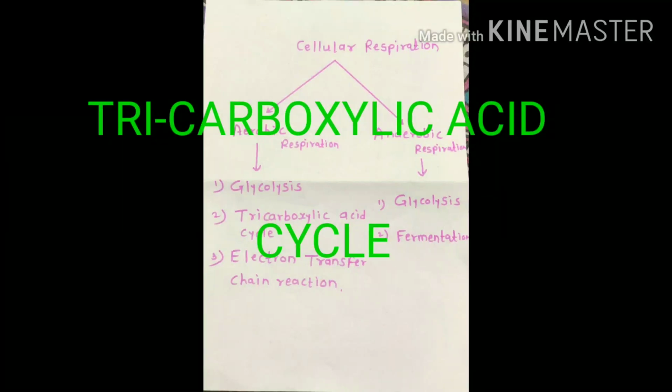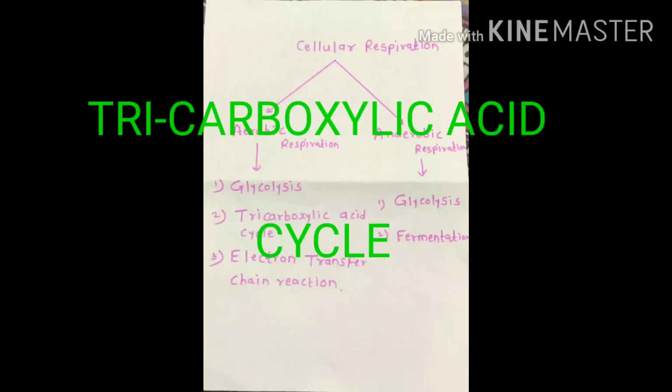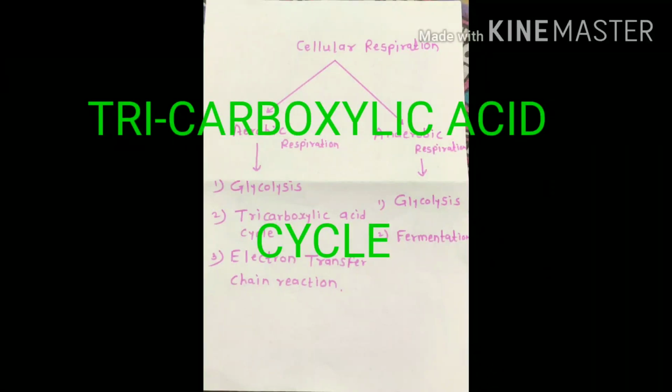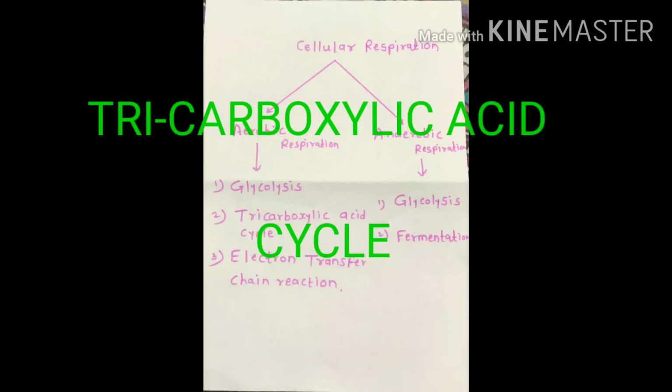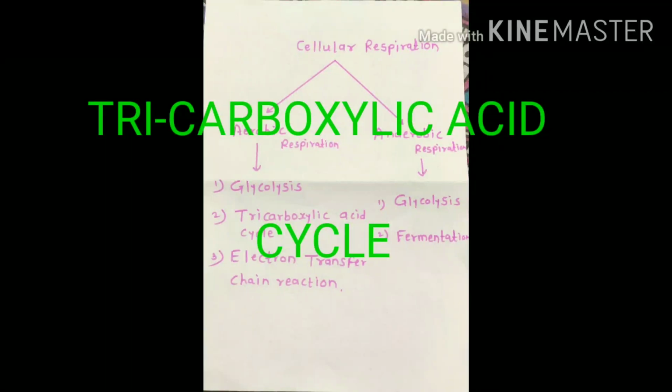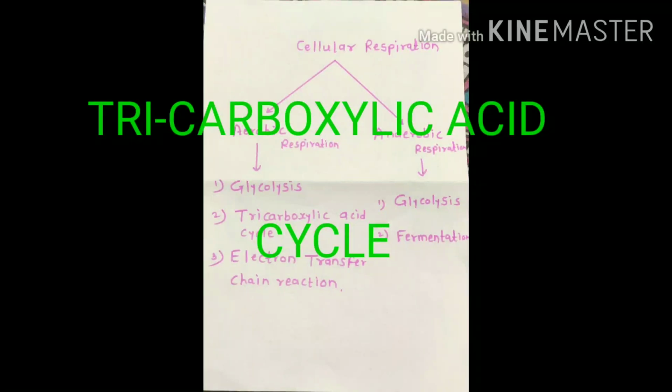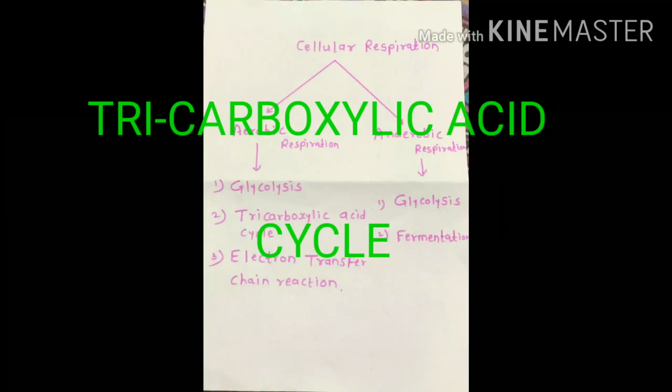It is also known as the Krebs cycle because the cyclic processes were discovered by Sir Hans Krebs. He was awarded the Nobel Prize in 1953 for this discovery.